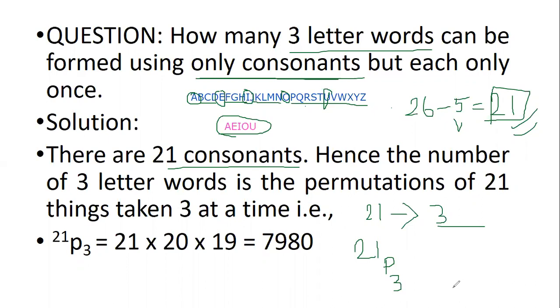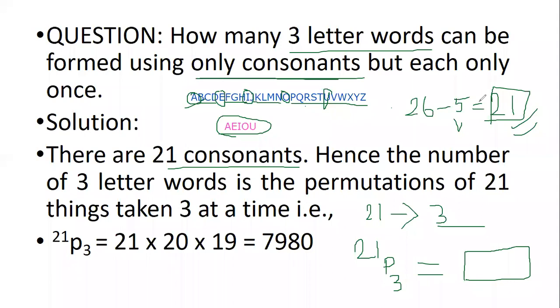So if I find the permutation 21P3, then I can say so many 3-letter words can be formed using the 21 consonants. Did you all understand the question first? It's very important to understand the question, and then from there you will be able to analyze and get the answer easily.